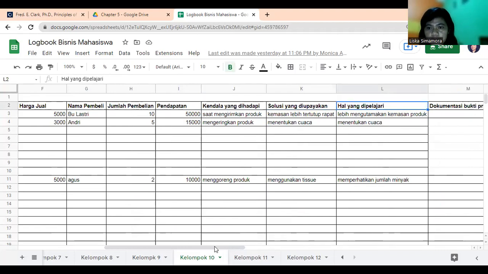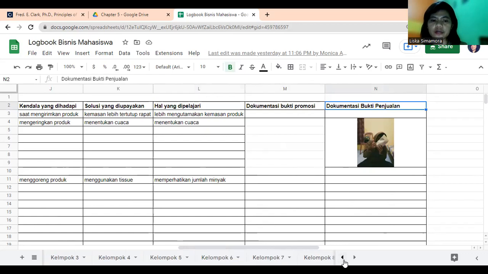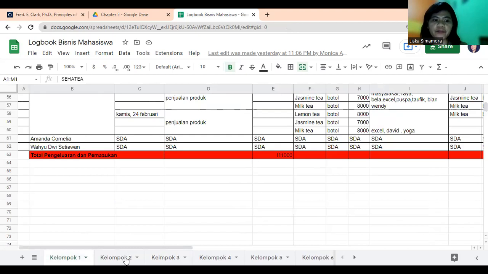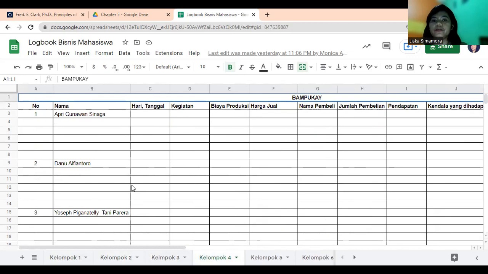Write down here. And make the promotion proof here. Maybe your promotion through Instagram, your promotion through WhatsApp. And then the last is documentation, the picture of your buyer. And this one, group 1 will fill here, group 2 fill here, group 3, group 4, until group 12.